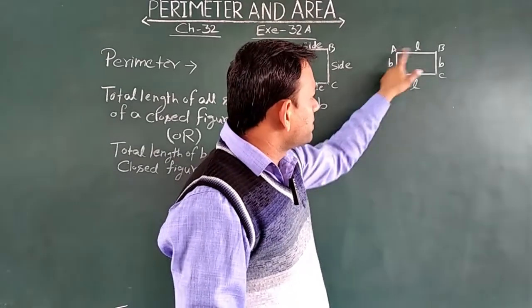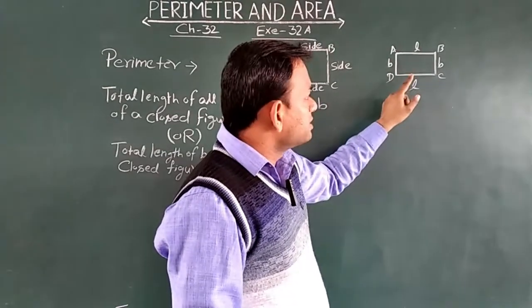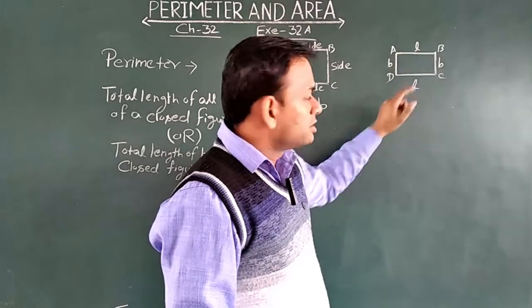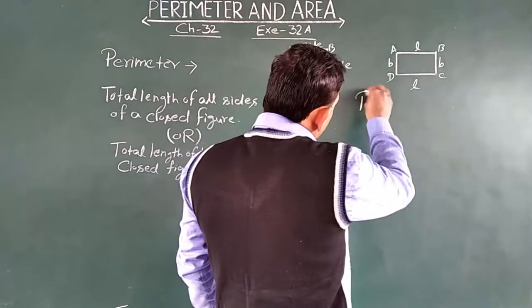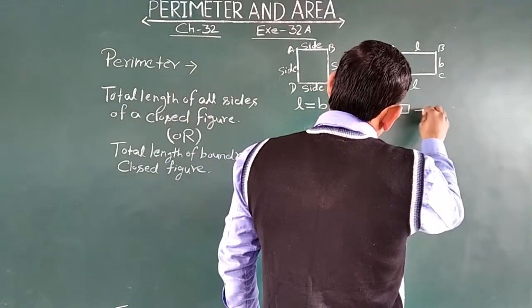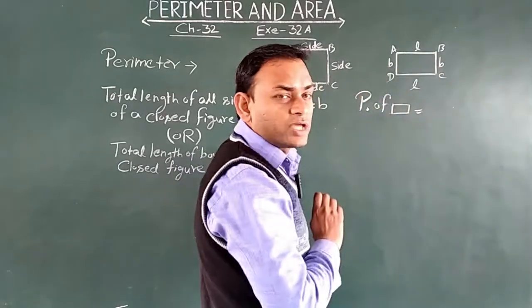So to find the perimeter of a rectangle, we need to add all the sides. Got it? So what will you do? You will find the perimeter of the rectangle by adding all the sides.